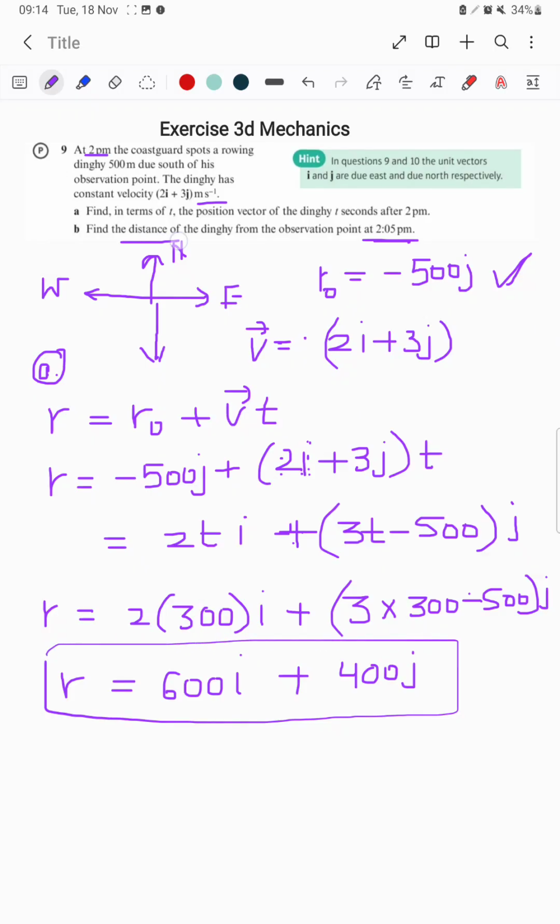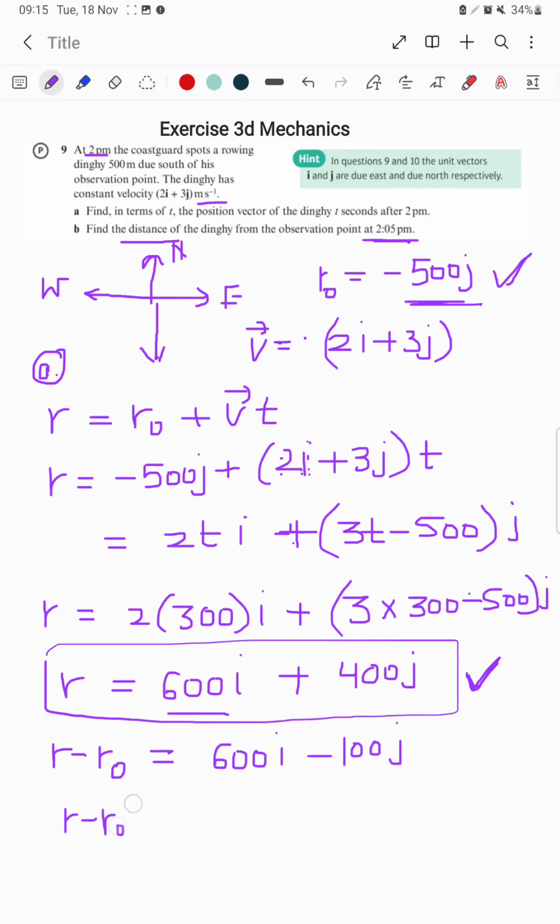Now they are asking to find the distance of the dinghy from the observation point. So first I will find r minus r naught. It is 600i, and the initial value was just minus 500j, so it is 600i and minus 100j.